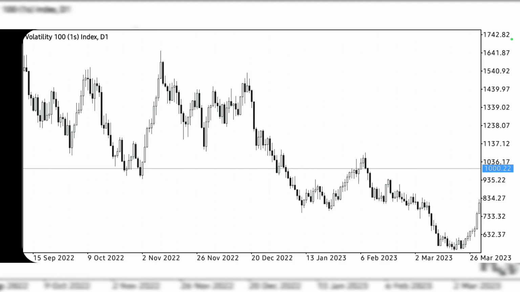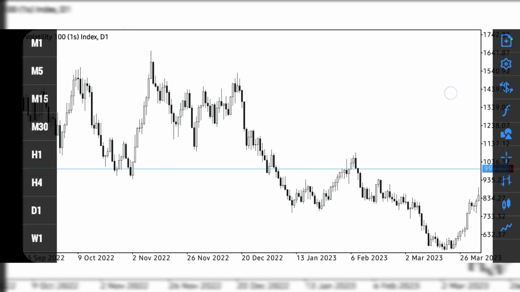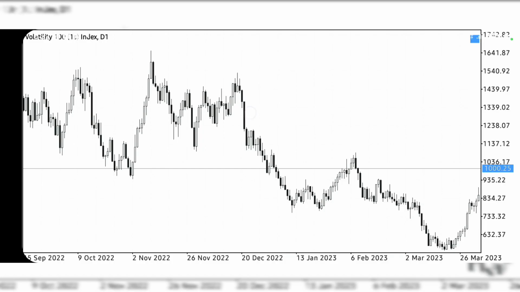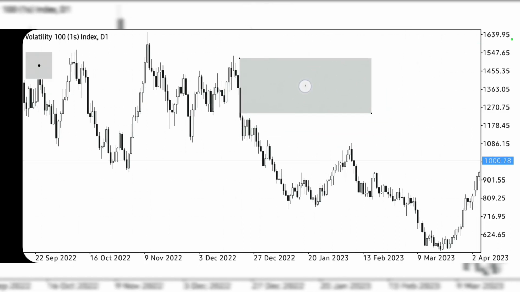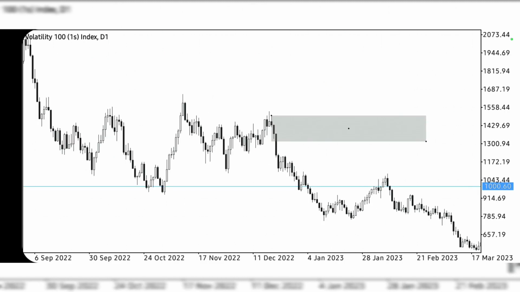So if you make use of area of interest, you are fixing your mind that this particular area, I am expecting the market to react at this particular area. But if it breaks this high, it simply means it is invalidated. But if you are marking out a particular place and the market blows it off, you start feeling you are not really good with the market, or you don't really know what you are doing in the market.